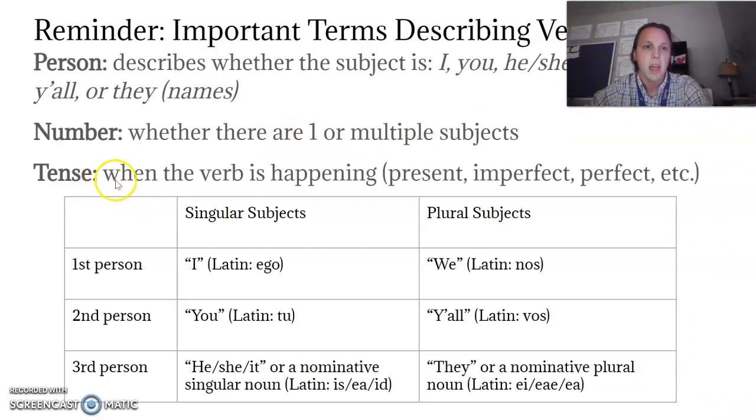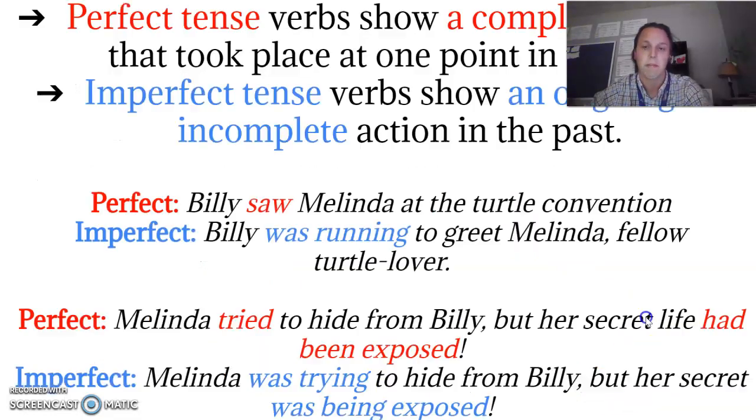And tense tells us when the verb is happening, and that'll be present tense, imperfect tense, perfect. We're going to be looking at all of them now. So here's a little chart to lay out the difference between first, second, and third person, singular and plural, and the Latin equivalents of these words down below. This is good to know.